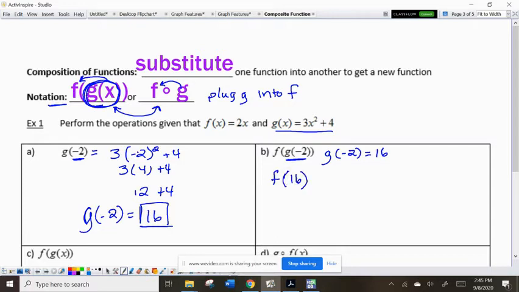Because g of -2 is the same as 16. Those are equal. So we take the output of the innermost function, and then we plug that into the outermost function, which is f. So we go to f, and where we see the x, we replace that with 16. We do 2 times 16, and we get 32, which is our final answer, number in, number out. We could also write that as f of g of -2 equals 32.